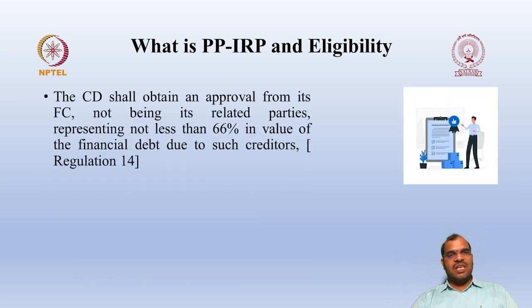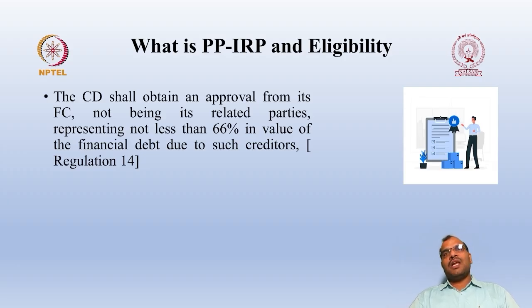Then the corporate debtor shall obtain an approval from its financial creditors, not being its related parties, representing not less than 66% of the value of the financial debts due to such creditors. Regulation 14 further provides that another condition is that you are expected to get approval from the financial creditors, with a majority of 66% of the vote, by value.